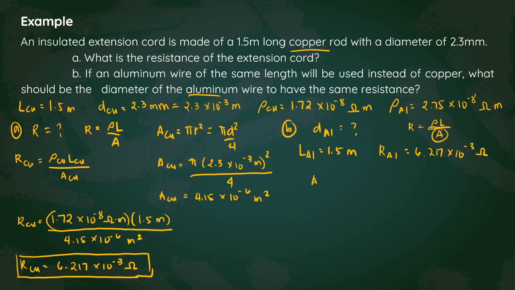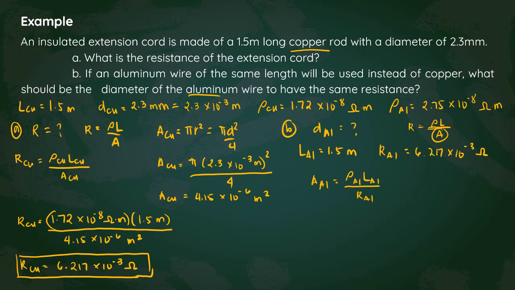The area of the aluminum is equal to the resistivity of the aluminum multiplied by the length of the aluminum over the resistance of the aluminum. So what do we do here? We substitute our values.